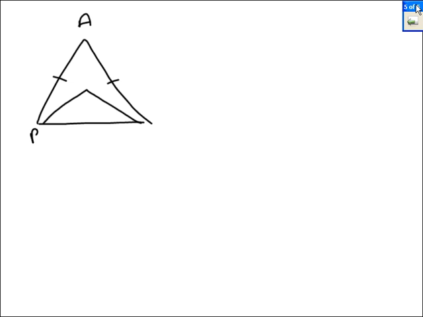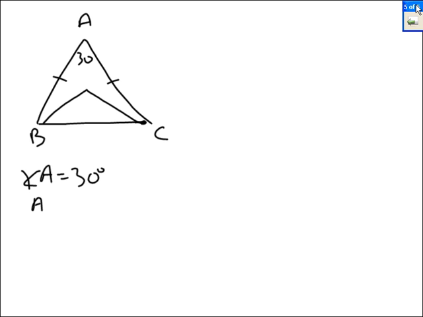Suppose we have an isosceles triangle like such. A, B, and C. And we are given that angle A is 30 degrees.